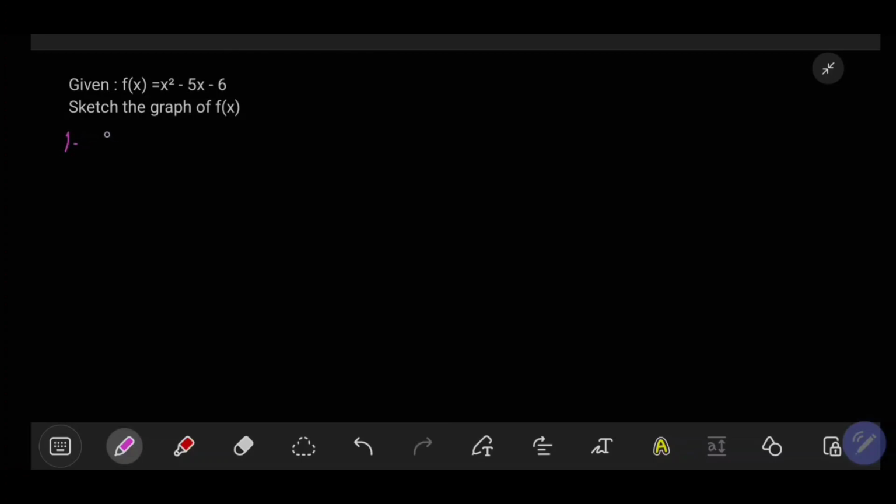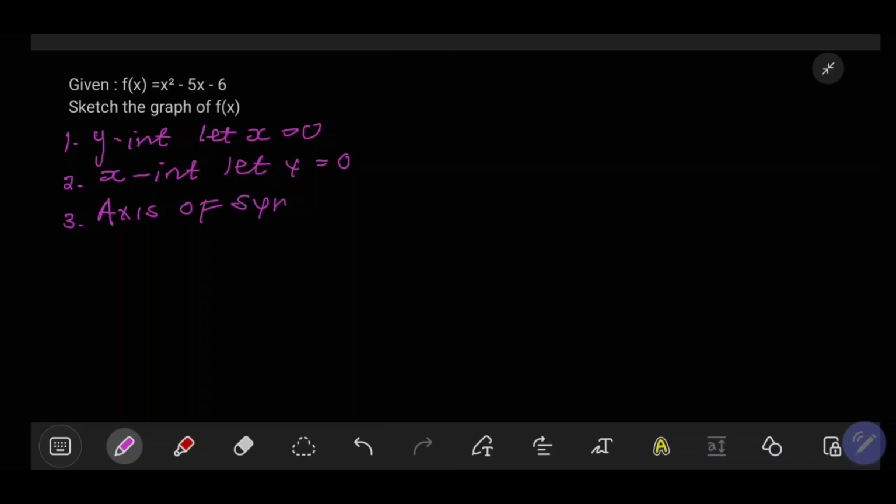So when sketching a graph, you need to do the following. The first thing that you have to do is to determine the y-intercept, and when we do the y-intercept, we know that we're going to let our x be equal to 0. The second thing is to determine the x-intercept of this graph by letting our y value be equal to 0. Then the third thing is to determine the axis of symmetry of this parabola.